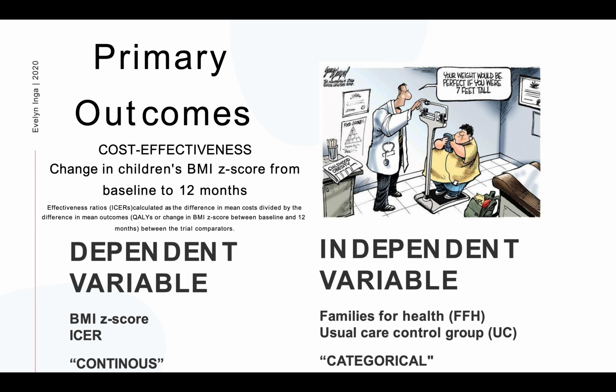It is going to come from the independent variable's measurements, which are the FFH group, Families for Health, and the usual care control group, UC group. And the dependent variables for this will be the BMI Z score and the ICER index.